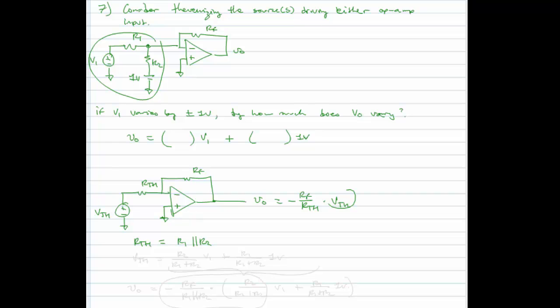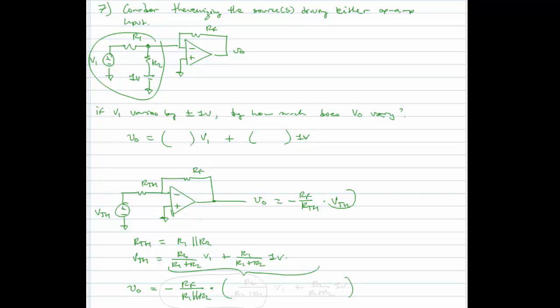And then I could also find V Thev if I wanted to, and that's just going to be a superposition, using voltage division, of the two inputs. Right, so right now I can write by inspection, finally, VO is minus RF over R1 in parallel with R2 times, it's going to be this stuff here.